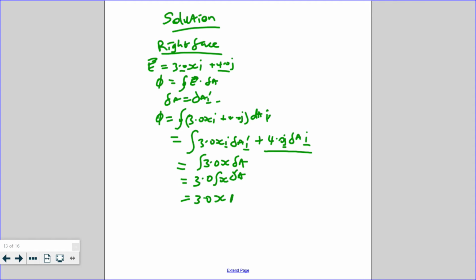On the right face x is 3, so it is 3.0 times 3, and we obtain 9.0 A.